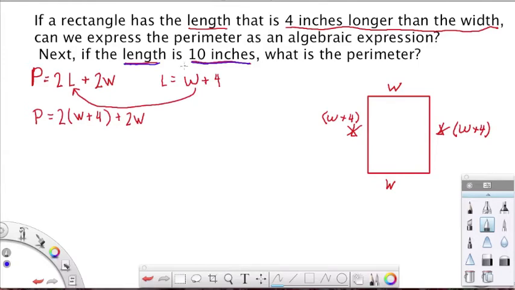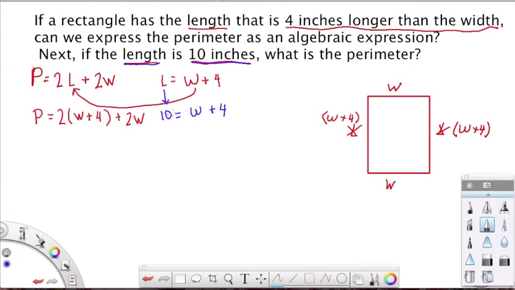Because if they tell us the length is 10 inches, that means 10 inches is equal to W plus 4. And we want to know what W is in order to find the perimeter.